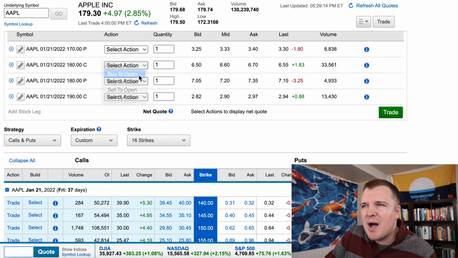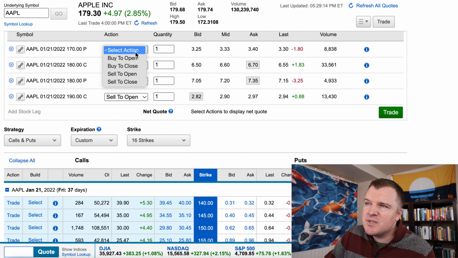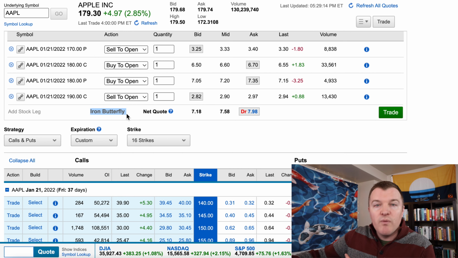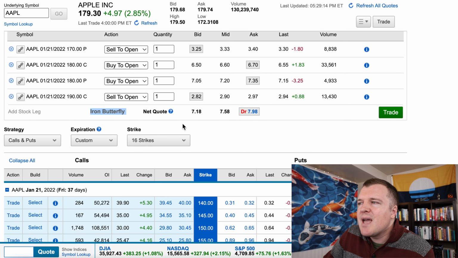And once again, we're buying to open the at-the-money calls and puts, and we're selling to open to cap our upside and downside gains to get back a little bit of money at 170 and 190. Schwab right here recognizes this as the iron butterfly, but once again, this is the reverse iron butterfly. And I'm going to have to pay a debit today to get into this trade of $798.